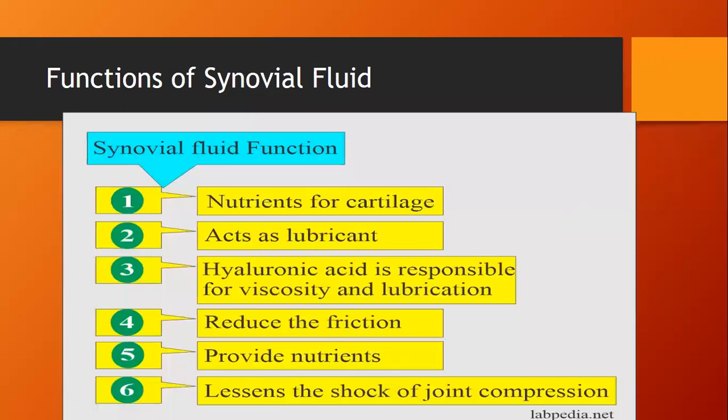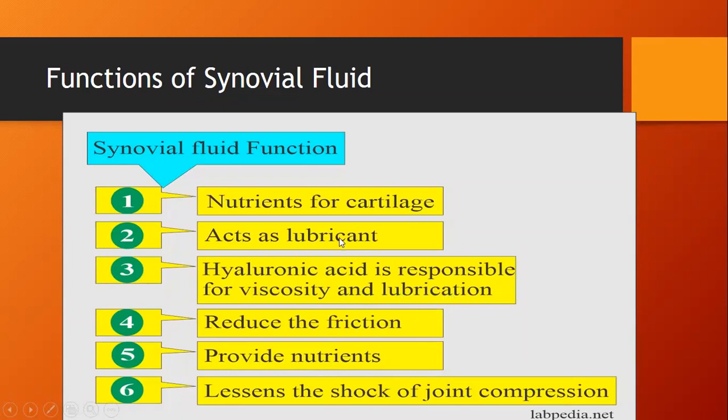Your synovial fluid serves to provide nutrients for the cartilage, and it also acts as a lubricant. Okay? That's why it's found in between joint spaces. And the hyaluronic acid content is responsible for its viscosity and its lubricating effect.